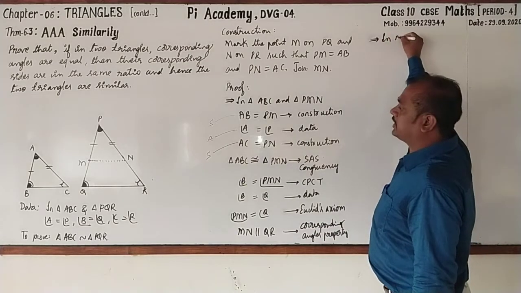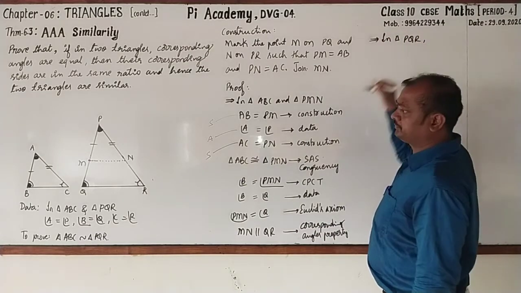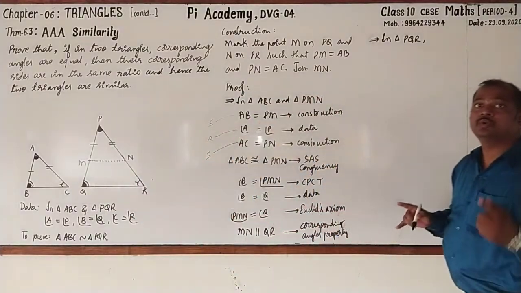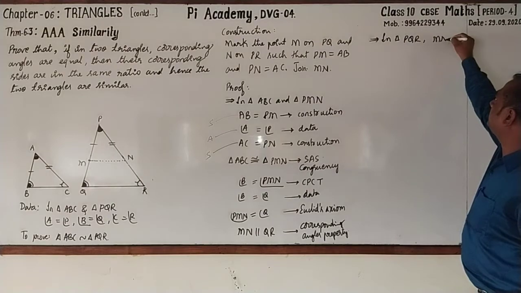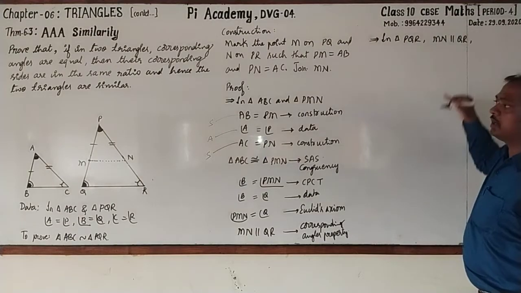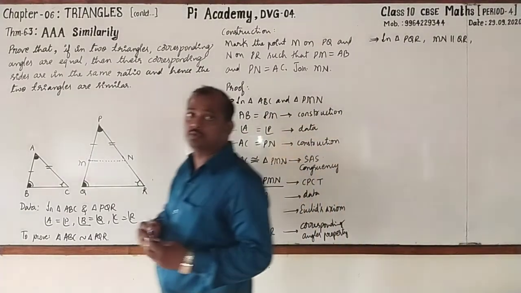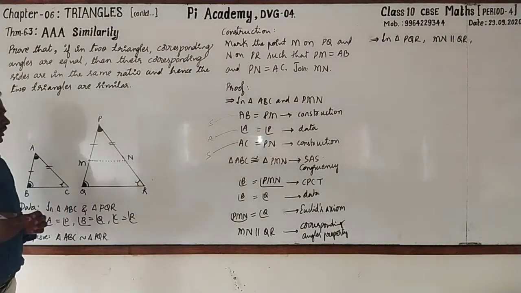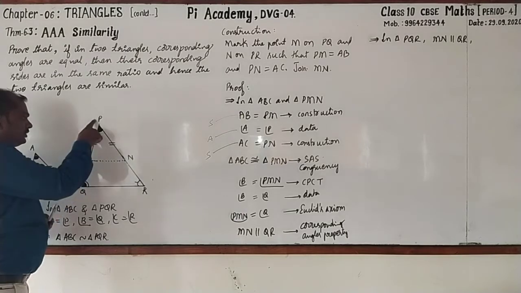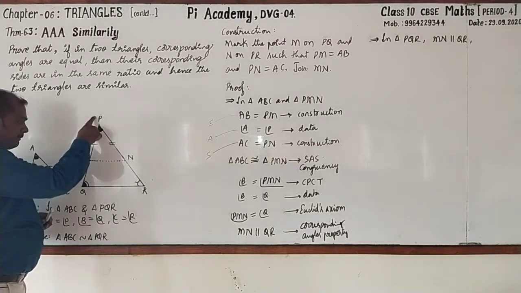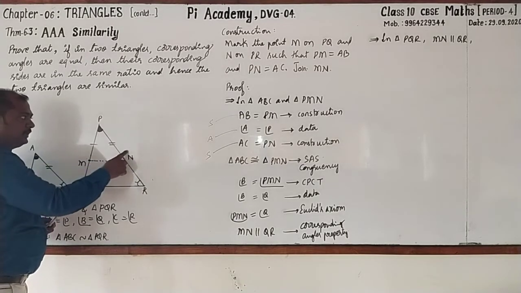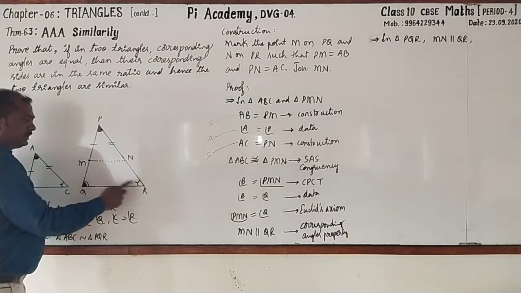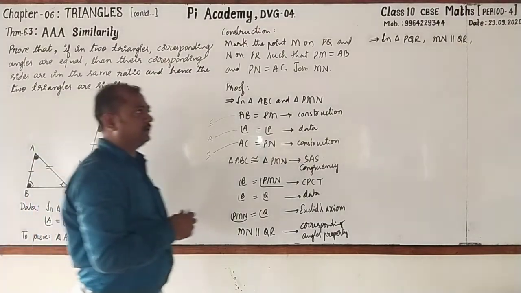Now I'll take the triangle PQR. In this triangle, MN is parallel to QR. Then according to the results of BPT or corollary of BPT, can we write PM by PQ is equal to PN by PR equal to MN by QR? Yes, certainly.